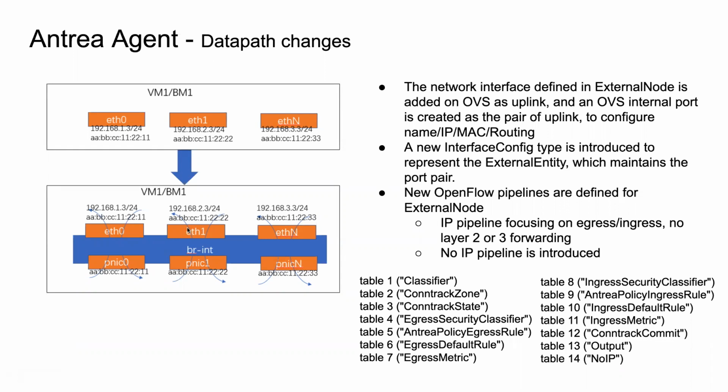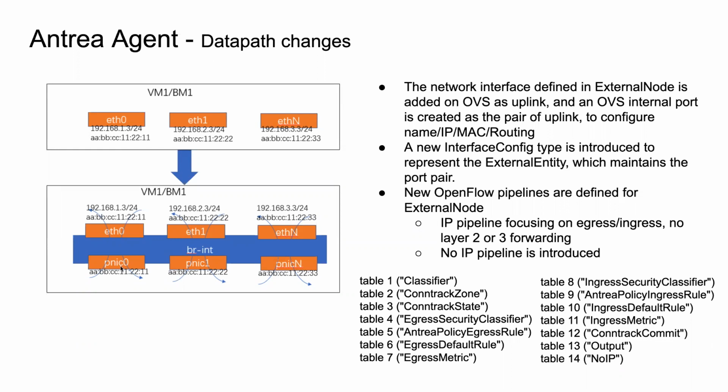So after Antrea agent finds the interface by the IP address on the host, it first renames the network interface to, for example, I use PNX0 in the diagram, and then we add PNX0 to OS. Actually, this is the physical interface on the OS on the VM.